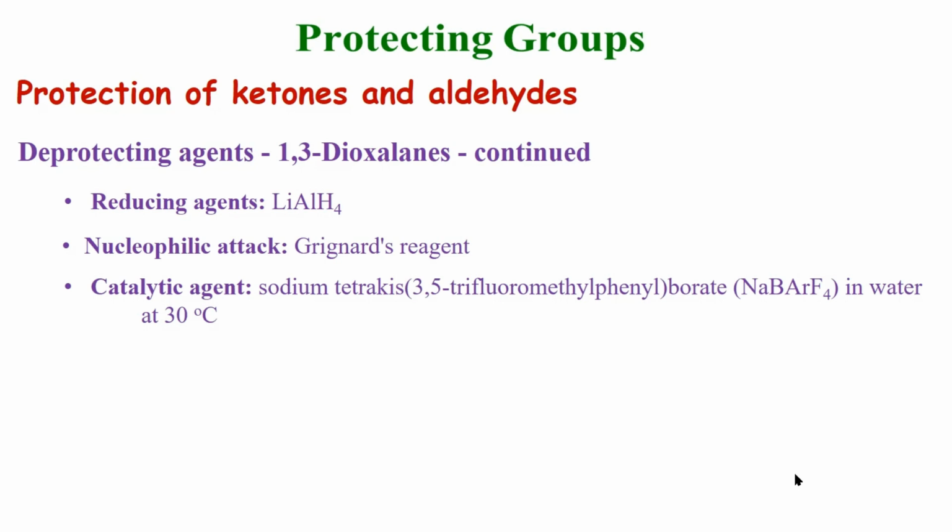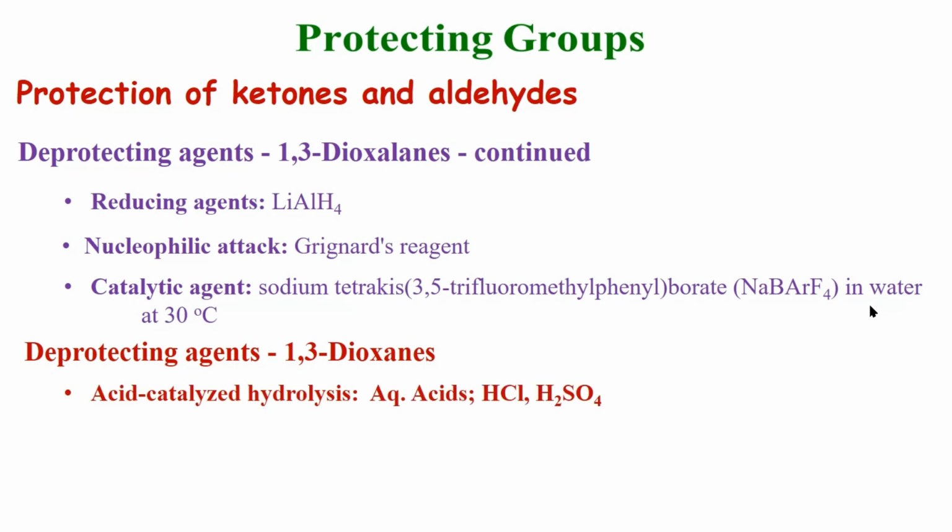Special catalytic agents like sodium tetrakis 3,5-trifluoromethyl borate in water can be used. The beauty of this catalytic agent is that the reaction can take place in the presence of a polar solvent like water.